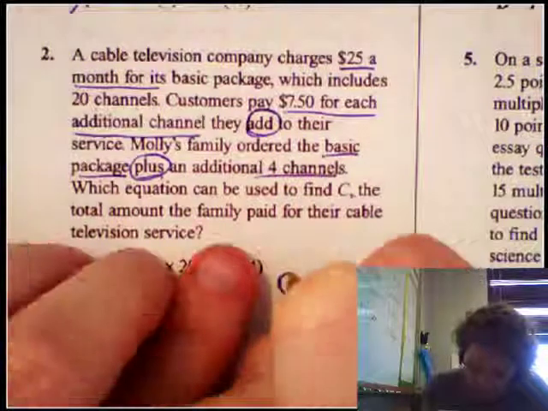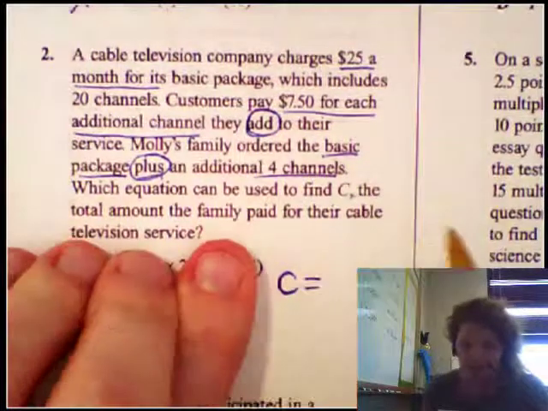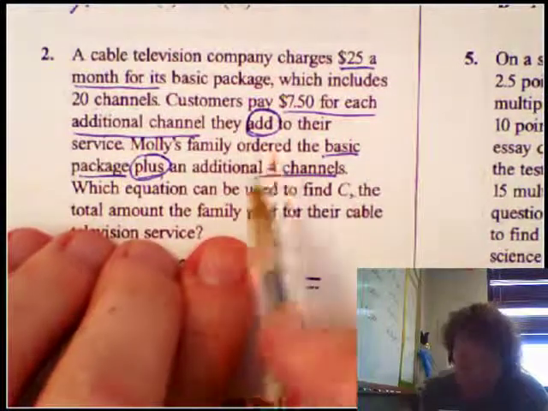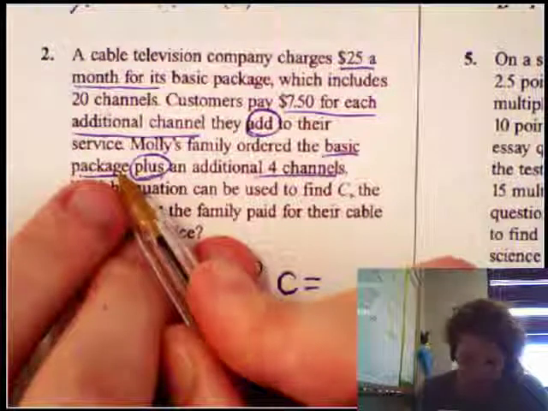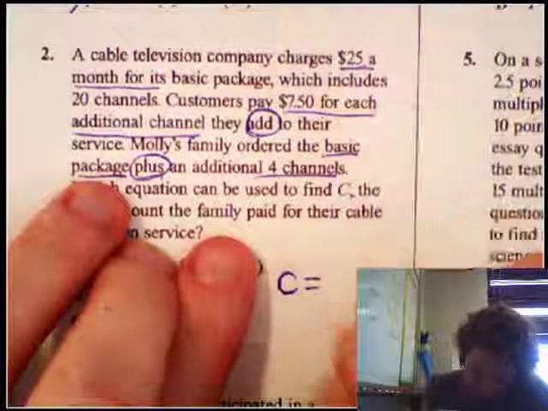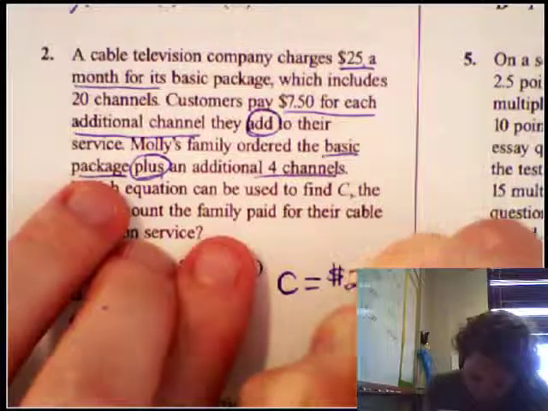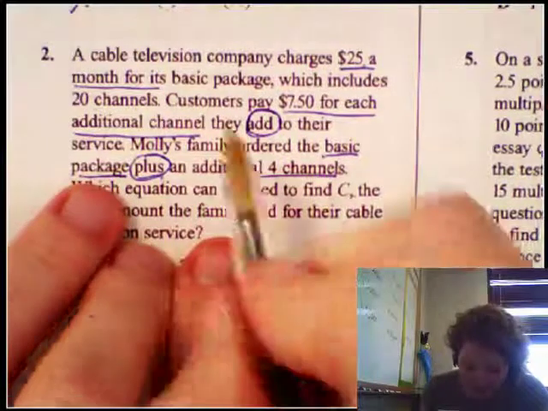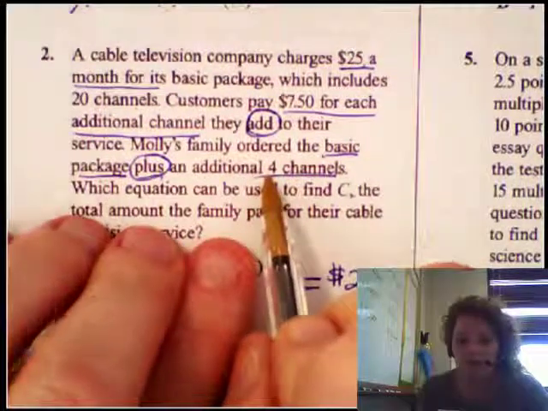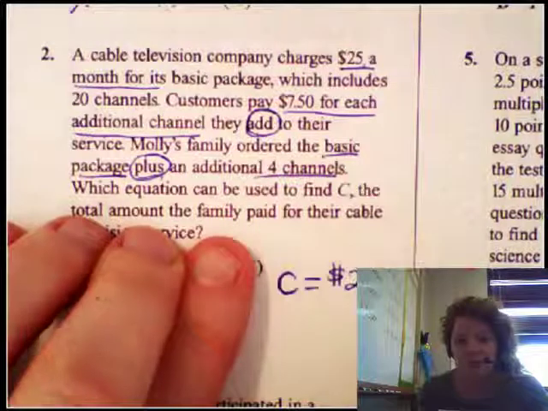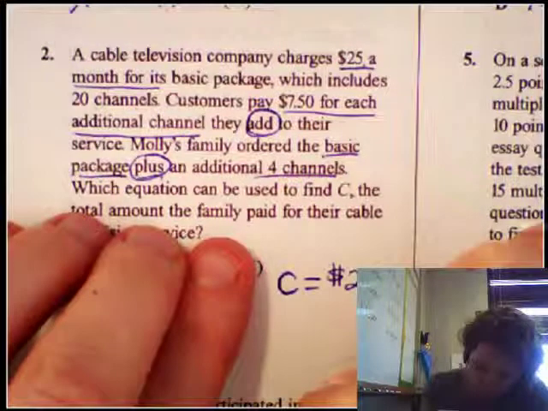Okay, C, how much they paid, what their cost was. Well, let's see. They got the basic package. Well, how much did the basic package cost? It was $25. So we'll start with $25. Okay, plus, okay, we're going to have to add an additional 4 channels. So do we just add on $4? So like 25 plus 4?